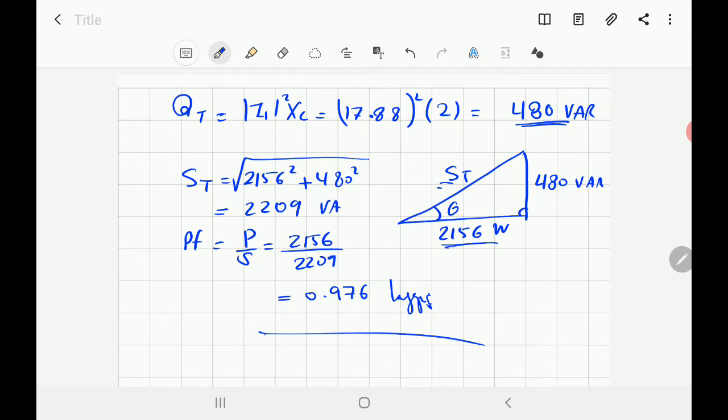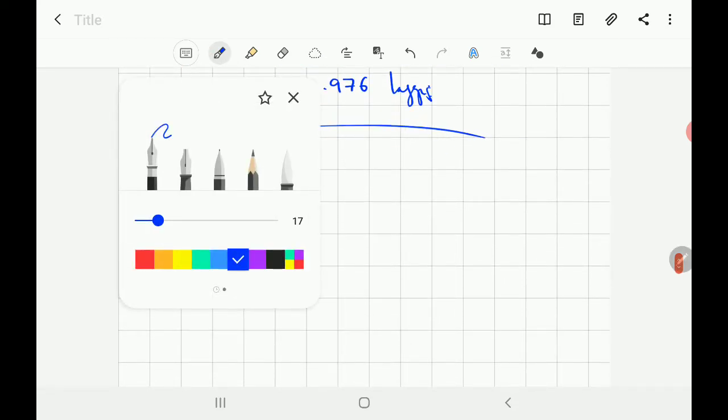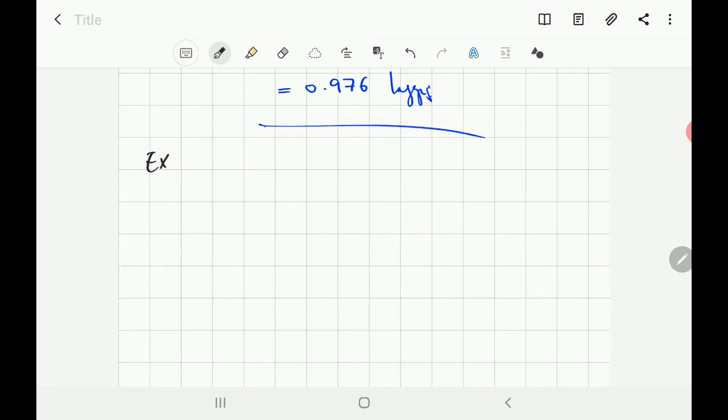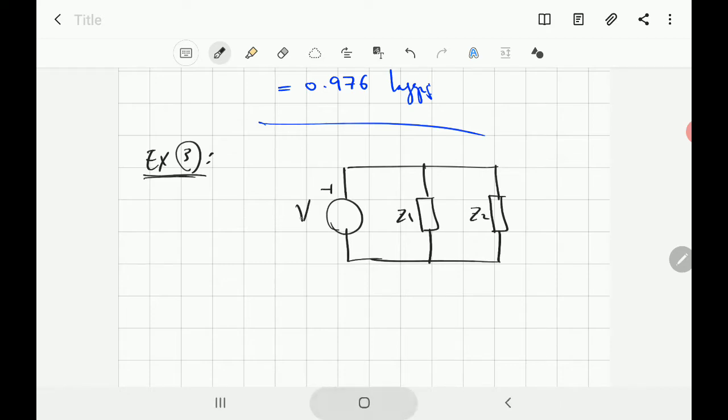Okay, so let's move ahead to another problem. You have two impedances, Z1 and Z2, and the voltage across this branch is given as Vs. Vs is equal to 28.28 angle 60 degree volt, and it's given that this is the root mean square, so you don't have to divide by radical 2.